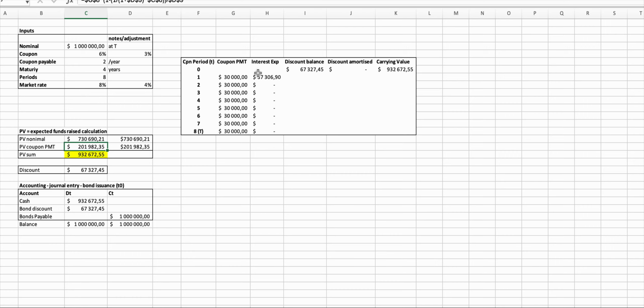And then the next column is when things get interesting, because you can see that we have interest expense there.